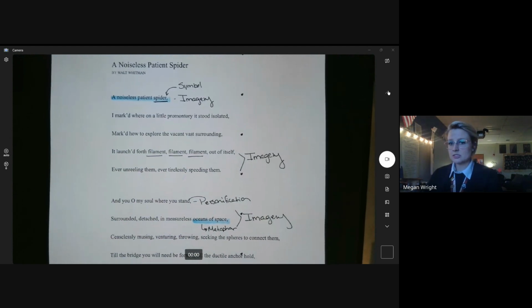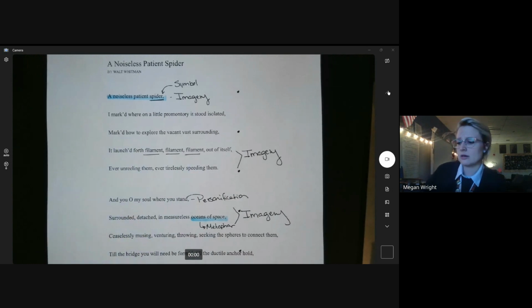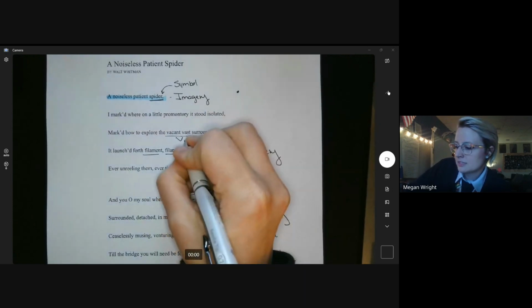What is it that Whitman is trying to convey to us with filament? Is it the amount of effort that the spider is giving? Is it how much of this connection that's being launched forth that's really emphasized by the repetition of that word? We could also talk about the vacant, vast surrounding, the use of this sound device, this alliteration.